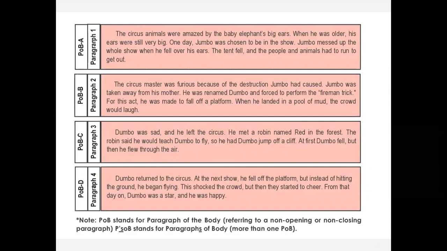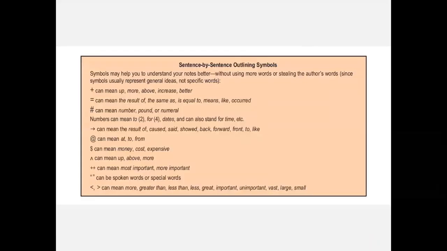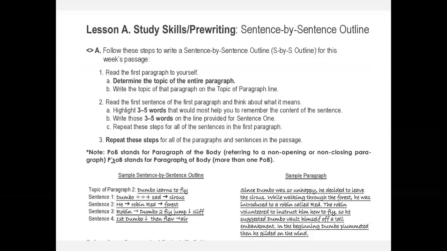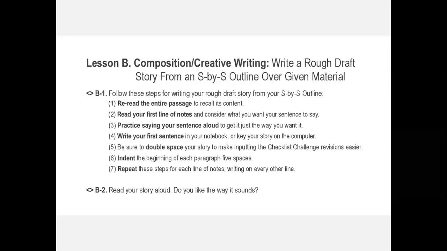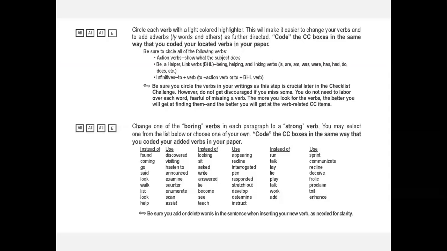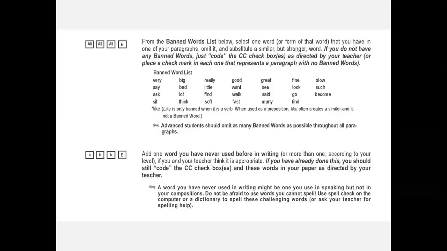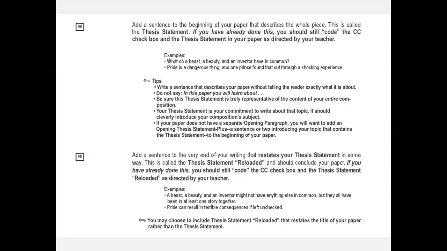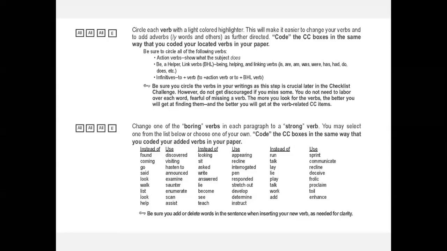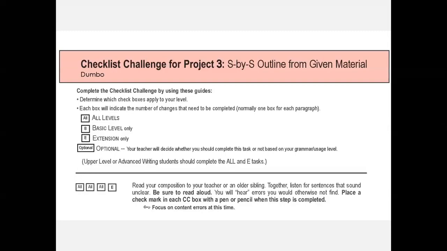Now, some 3rd graders can even write from this, especially if you just have them do 1 or 2 paragraphs, if they are used to writing. So you'll have here your free passage, 4 paragraphs, your outlining symbols, the samples, the outlining lines, and then the checklist challenge that goes with that. And you can look in the earlier screens and see the 3 episodes where I teach the checklist challenge.